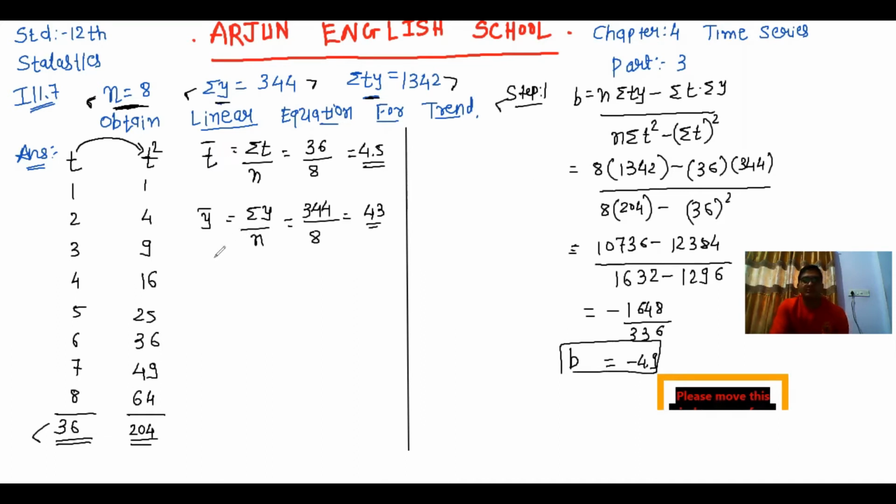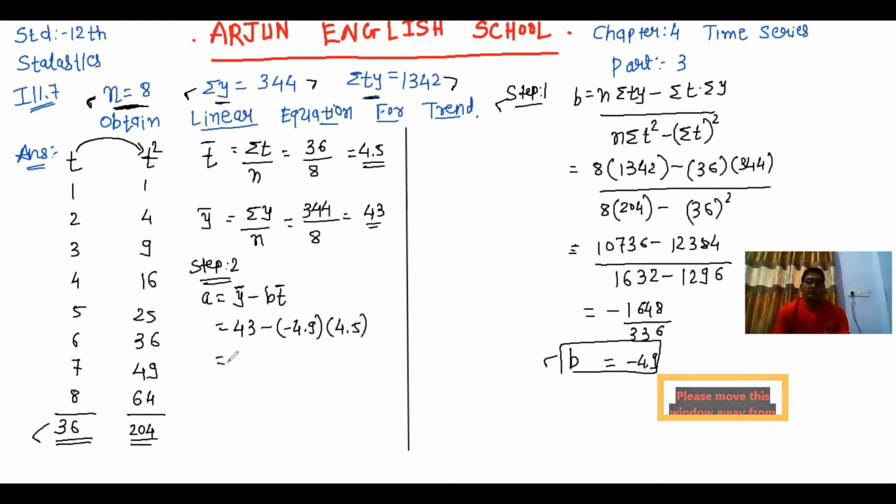Now I am doing step number 2 here. Step number 2: a is equal to y bar minus b t bar. The value of y bar is 43, the value of b is minus 4.9 and t bar is 4.5.